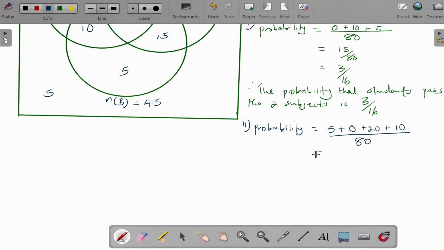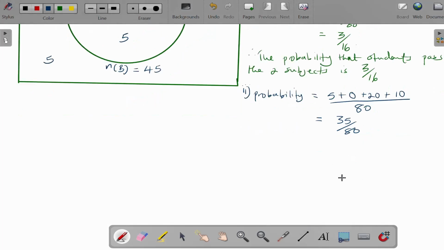When we sum that up, we get the numerator 35 divided by 80. We can reduce by 5, we have 7, then 16.